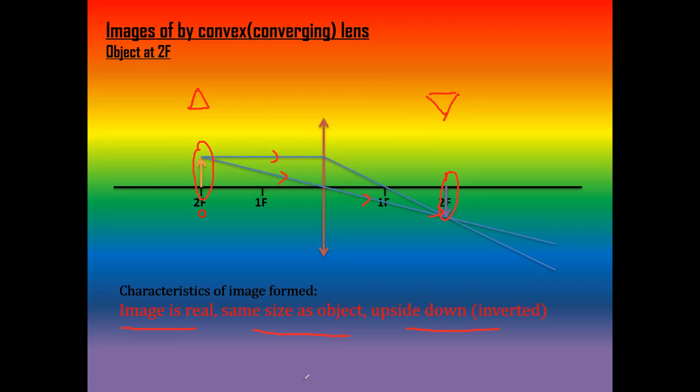Yes, that's right. The position will change depending on the position of the object, not the length of the object. The position of the image will change as the position of the object or the focal length changes. Is it clear till this point? We'll do more examples. If two light rays meet, yes, they can meet after 2F.